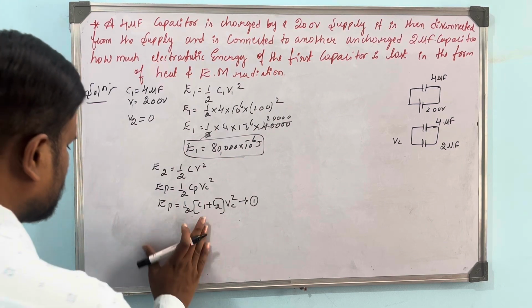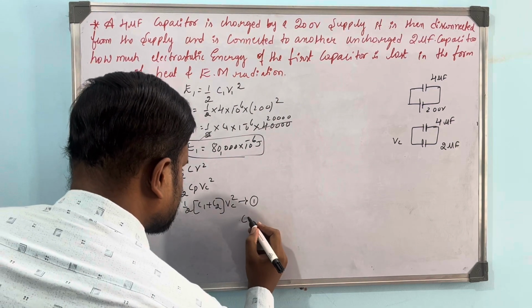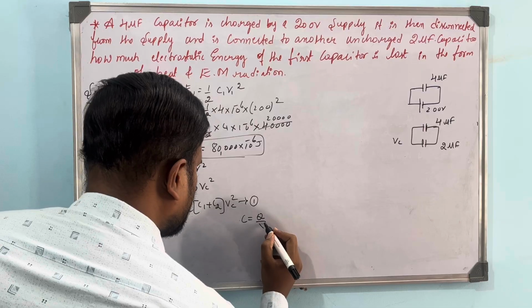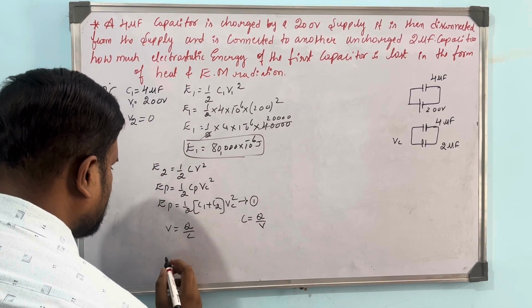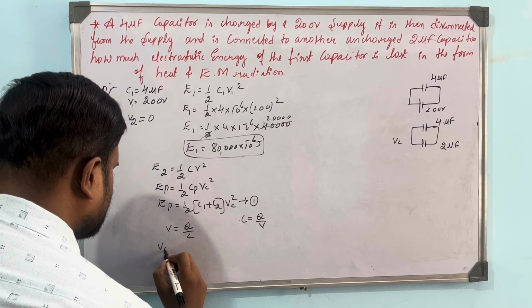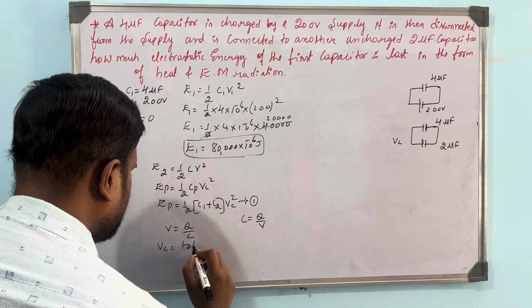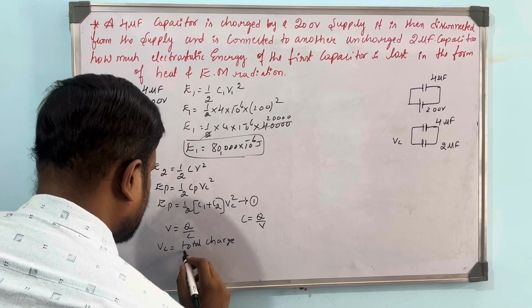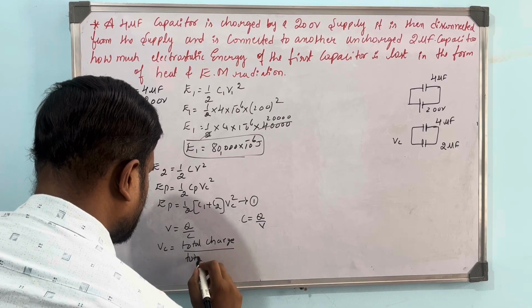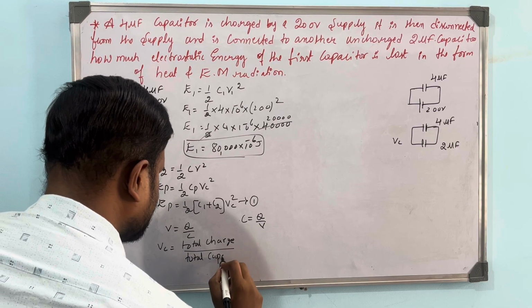We know the capacitance of a capacitor is given by C equals Q by V, so V becomes Q divided by C. Here Vc becomes total charge divided by total capacitance.